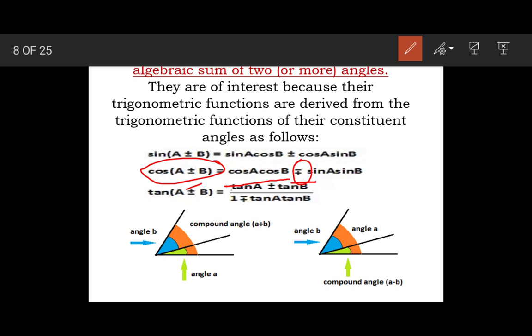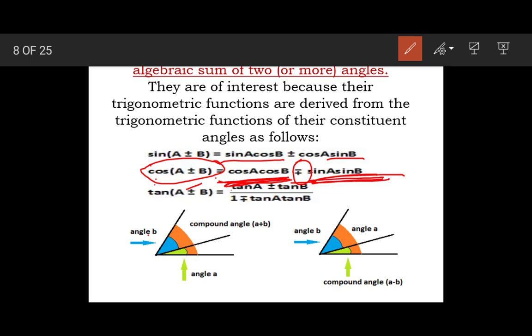So cos A cos B, then minus sin A sin B. For sin, the pair is sin cos, cos sin. Here the pair is cos cos, sin sin. So for cos A plus B, the formula is cos A cos B minus sin A sin B.